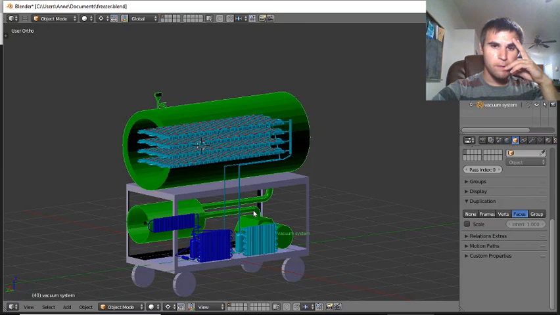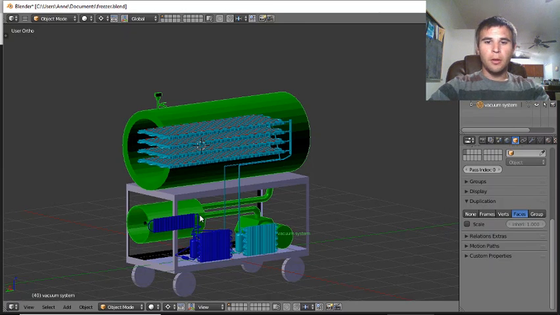Vacuums, the way that they work, resistance, the friction along the tubing has a huge impact on retarding the strength of the vacuum.